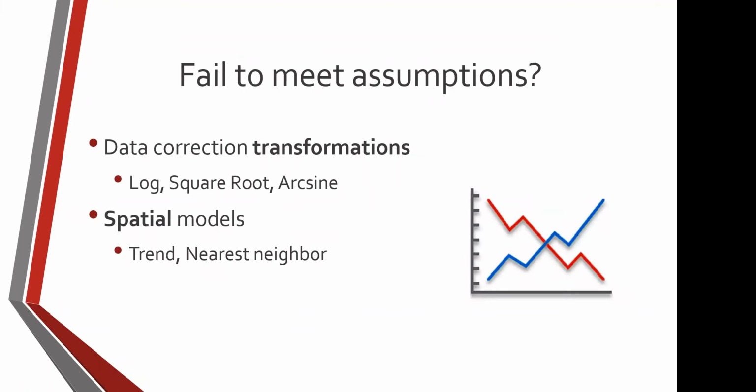Another tool in our toolbox here would be spatial models. The idea here is that spatial models try to recover information about hidden variables across the field. In ARM, we have 3 trend models and 4 nearest neighbor models that can be used.